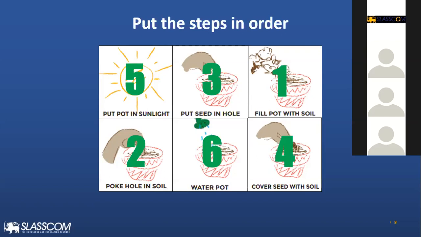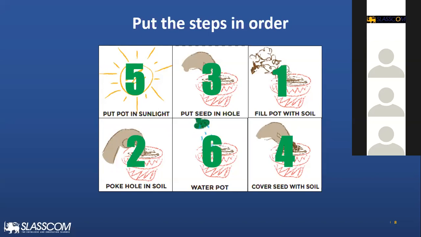And then poke hole in soil is the second step. Put seed in the hole, that's the third one. The fourth one is cover seed with soil. The fifth and sixth can be interchanged: put pot in sunlight and then water the pot. So these are the steps. Everyone would agree, right?